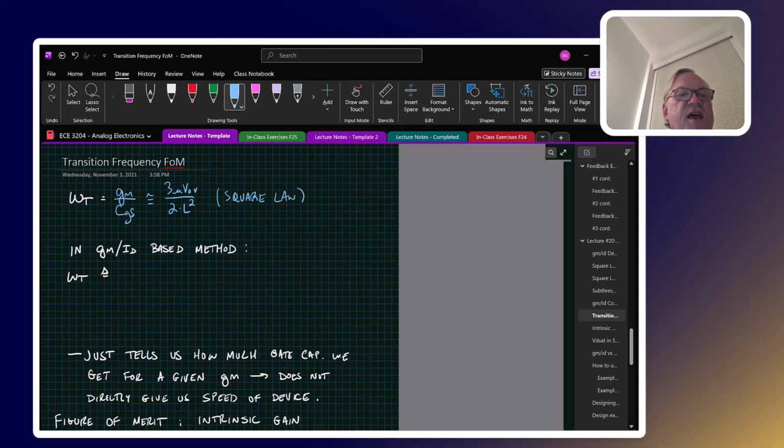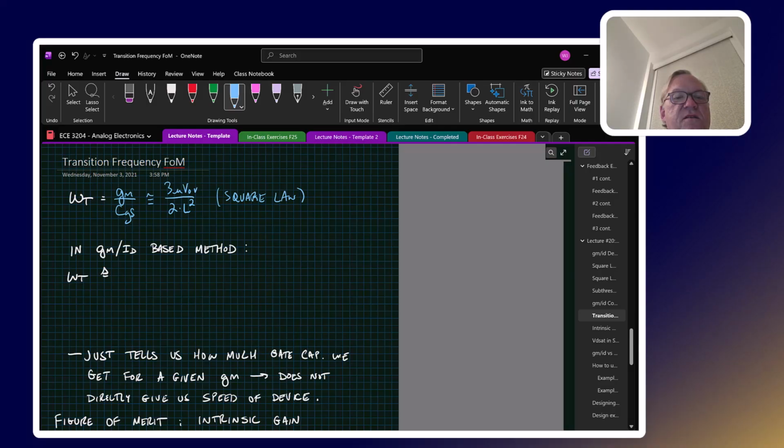Now this tells us that as we shrink the length of the device, it should increase its Ft by a factor of 1 over L squared. So if I shrink the length by a factor of 0.707, then it should double the speed of the device.